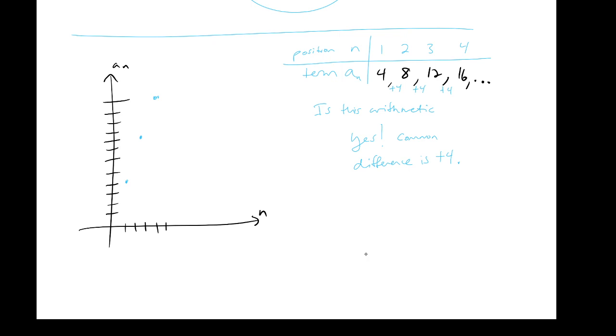And then position 4 with term 16, counting 13, 14, 15, 16. If we were to connect all of these, it would be linear. So arithmetic sequences graphically are linear. This is something to keep in mind.